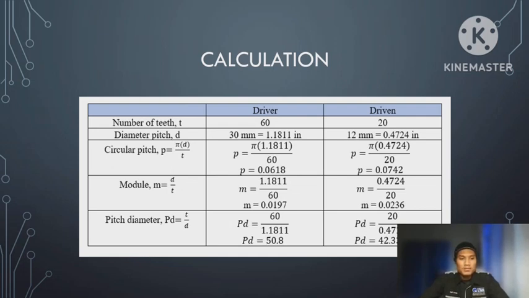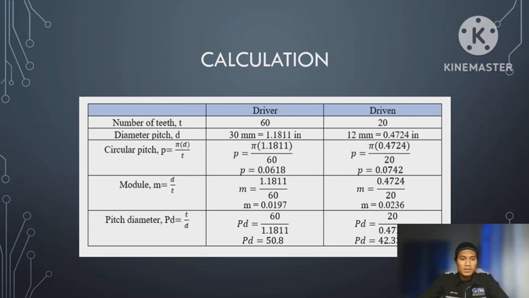And then about circular pitch. The formula of circular pitch is P equals pi times D over teeth. For module, M equals D over teeth.